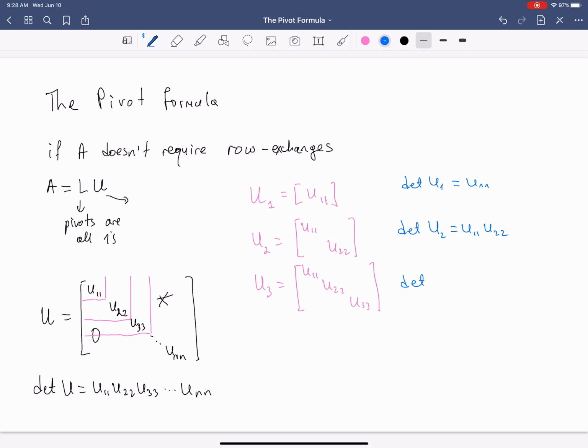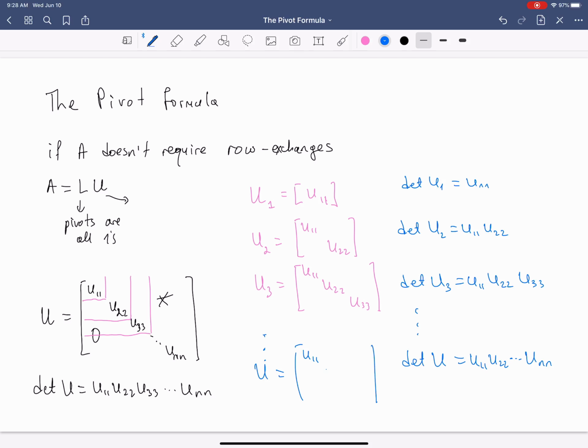The determinant of U3 equals U11, U22, U33. So what do we have from here? This continues all the way to the determinant of U being equal to the product of all pivots, all the way to UNN.